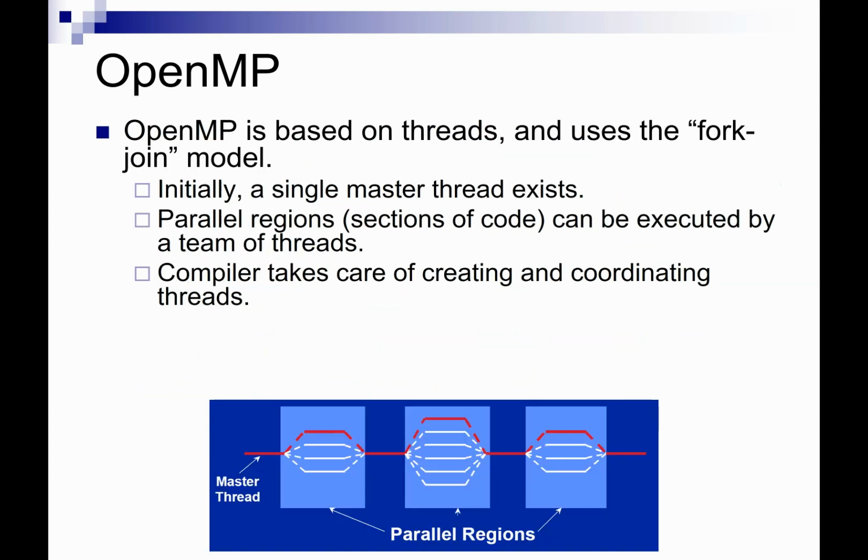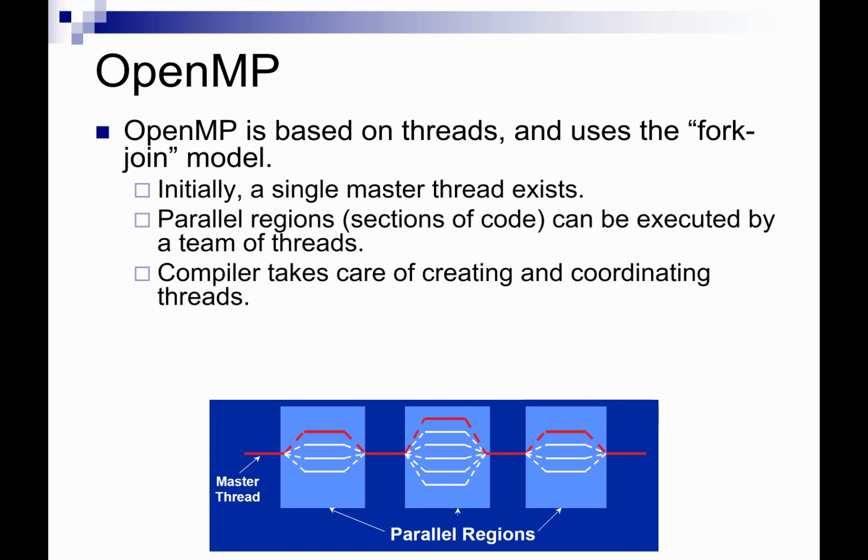OpenMP is based on threads, and it uses this fork-join model that we talked about. Again, that's where you have a master thread at the beginning. And then when you have parallel work, in OpenMP these parallel sections are called parallel regions. These regions are executed by a team of threads. The compiler is going to take care of creating these parallel regions.